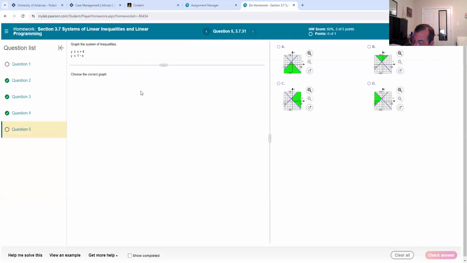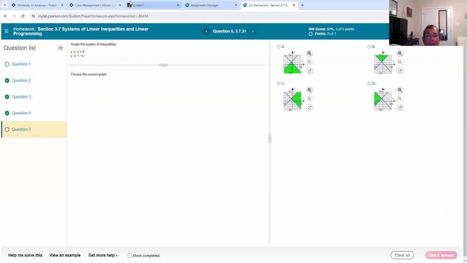All right, so number 5, let's see what they got here. y is greater than or equal to x plus 4, and then y is less than or equal to 1 minus x. So you see the 4 answers they got. It looks like they're either double shaded on the bottom like A, the top like B, the right side like C, or the left side like D, okay?